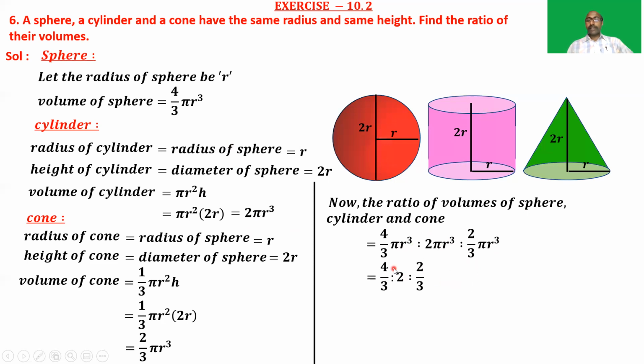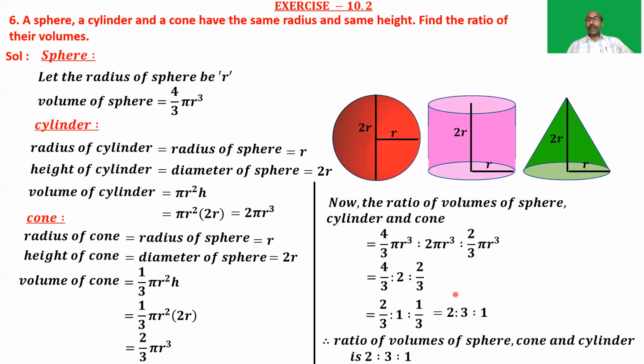After that, by dividing by 2, we get 2 by 3 is to 1 is to 1 by 3. And by multiplying with 3, we get 2 is to 3 is to 1. So the ratio of volumes of sphere, cylinder and cone is 2 is to 3 is to 1.